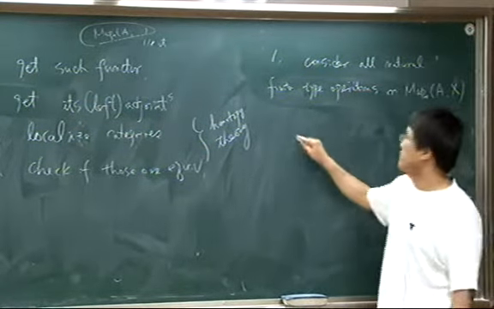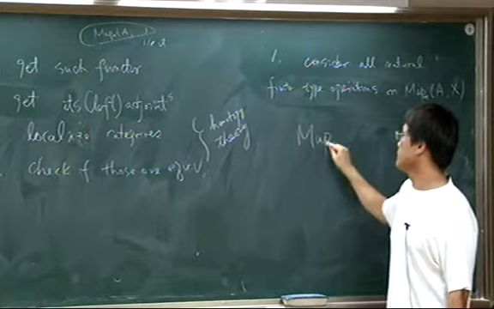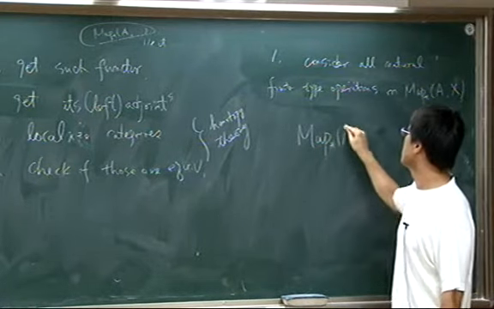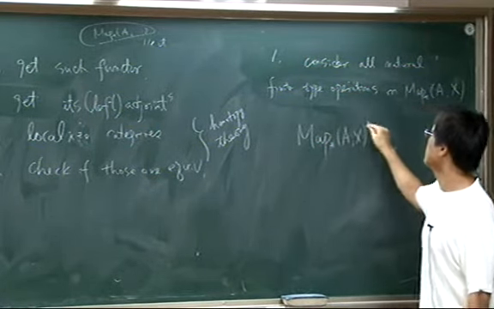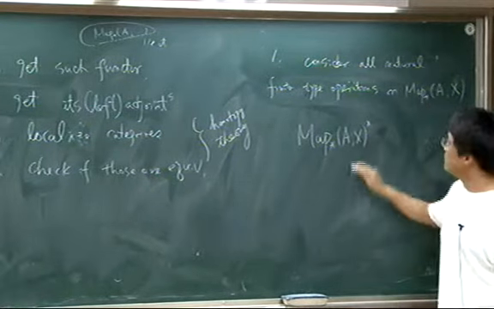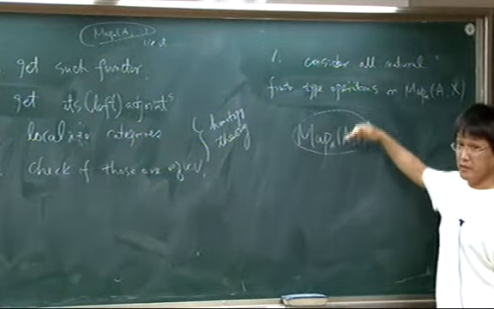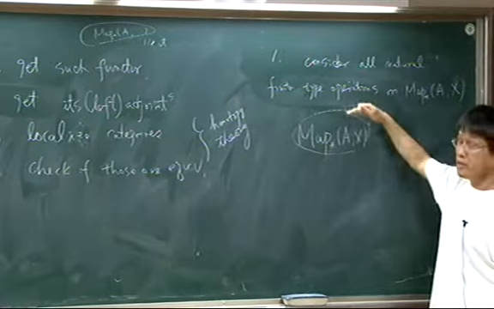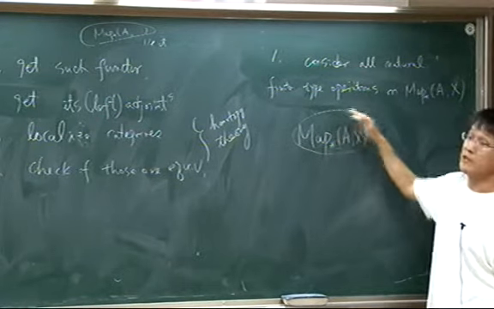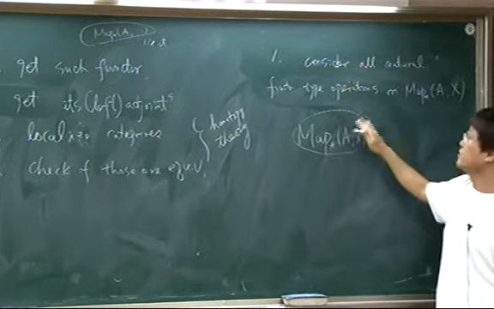So this means we are considering all maps on this one. This is a space, right? This is in the category of topological spaces. And then we are considering all natural operations on that object.